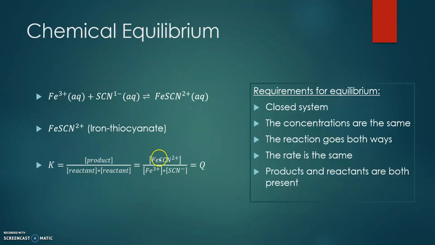So for this experiment, it is the concentration of iron thiocyanate divided by iron(III) ions times thiocyanate, which is also equal to the Q value since it's at equilibrium. And over here are the requirements which are needed for equilibrium.